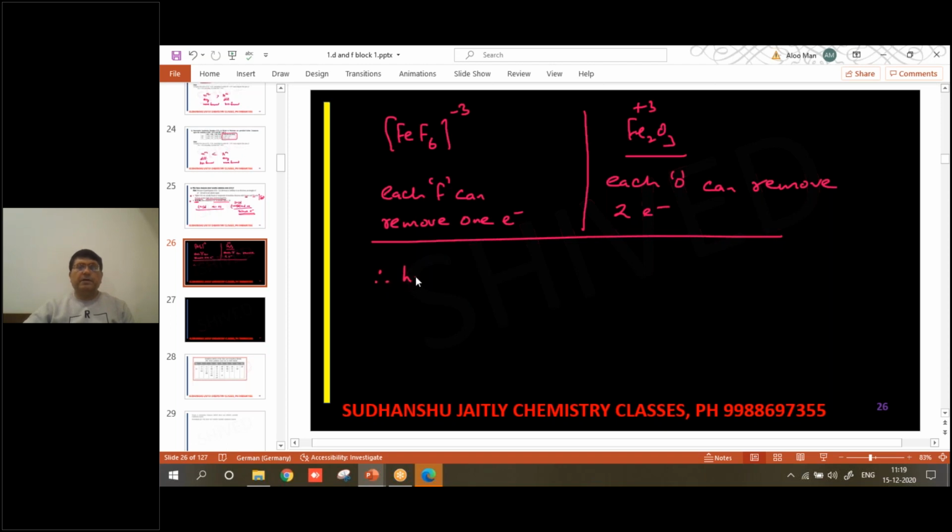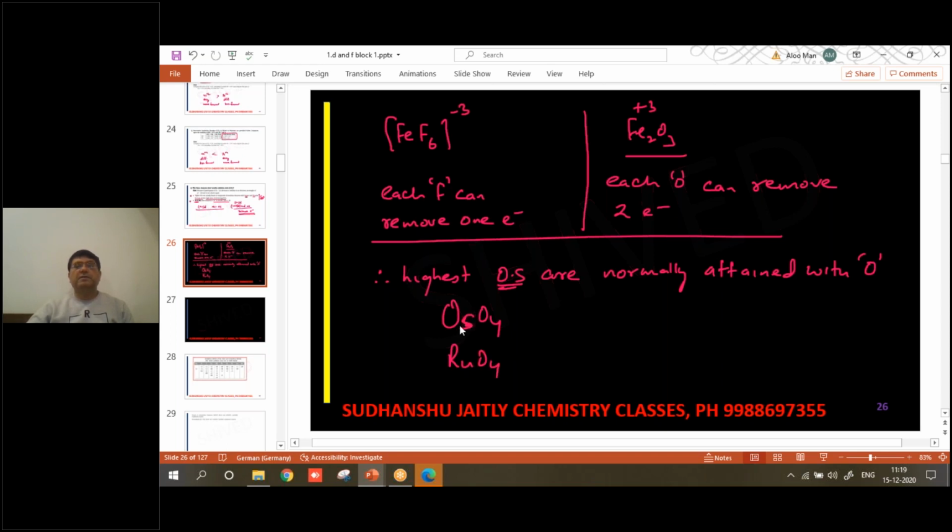Therefore, the highest oxidation states are normally attained with oxygen. This is the Pahalwan: OsO4, RuO4, right? OsO4 is used for making diols, osmium tetroxide.